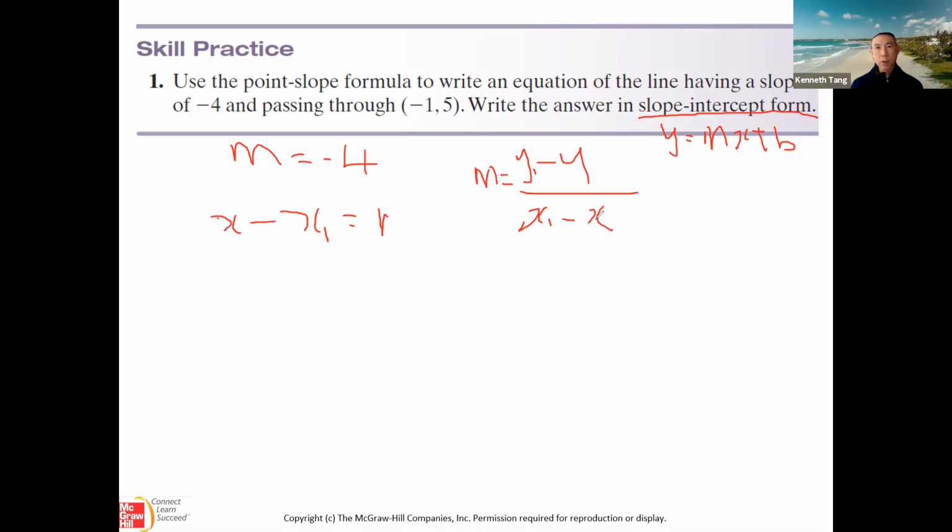Now you just cross multiply that and you get m times x1 minus x. Let me erase that.